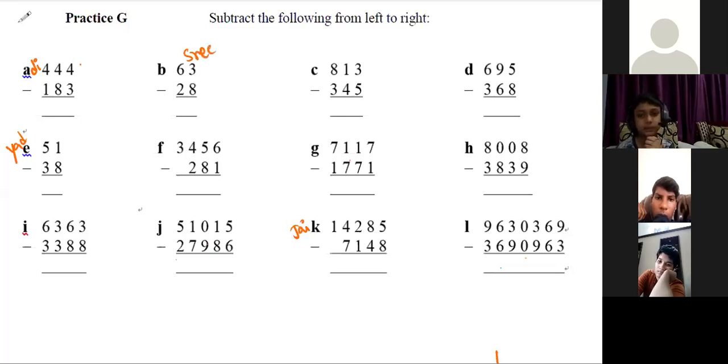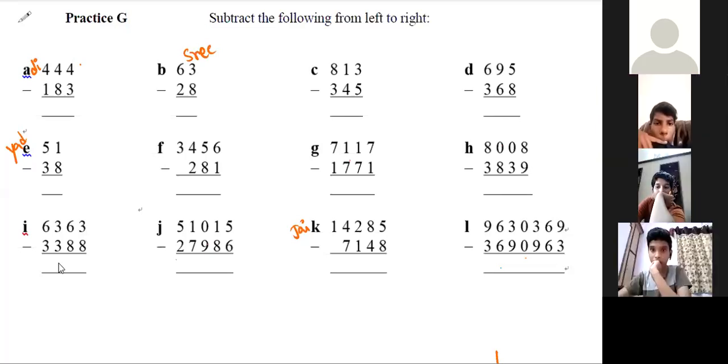Somebody is typing something. What is that, Sudisha? What does it mean to write the answer here?